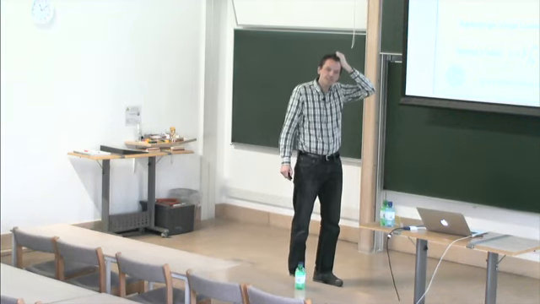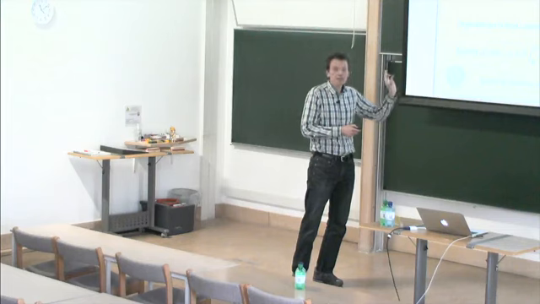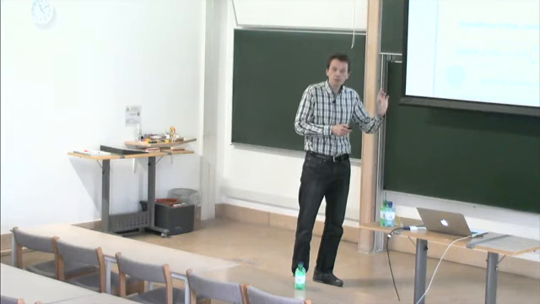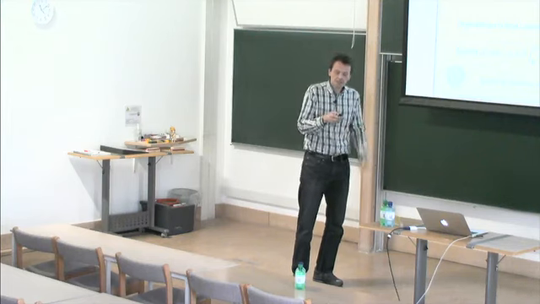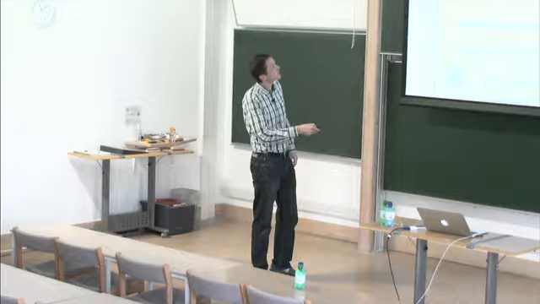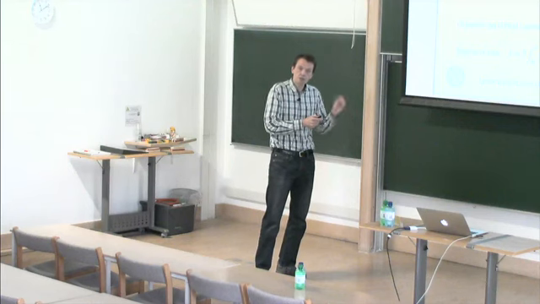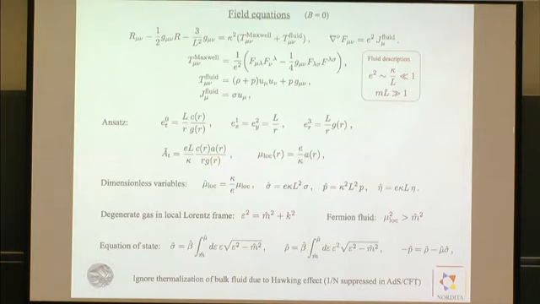Is the system on the boundary in thermal equilibrium? Yes. At what temperature? At the Hawking, we'll come to that. It'll be a Hawking temperature, but it'll be dressed by the effect of the geometry. It's dressed by this function here, which, if you're just doing the original Reissner-Nordström solution, is actually 1. The tetrads are inverse to each other.